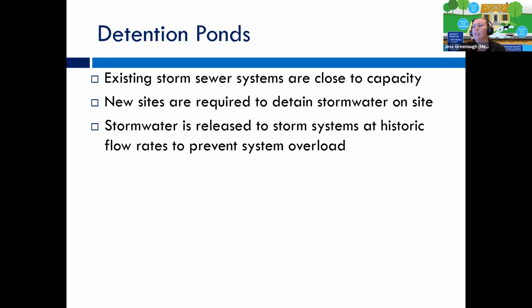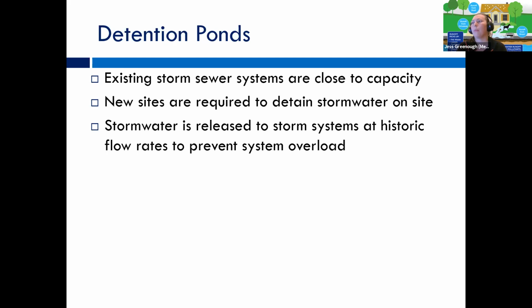So, one thing we run into with storm is that existing city systems, those existing pipes that have been in the ground for 10, 20, 30 years, the existing inlets, they were designed for a smaller development, for a 20 years ago, 30 years ago population of people and development. And so now we're starting to get close to the capacity of those systems and overwhelm them.